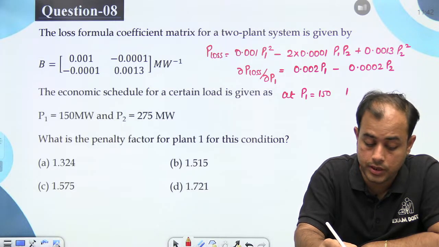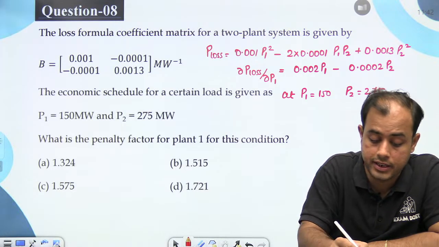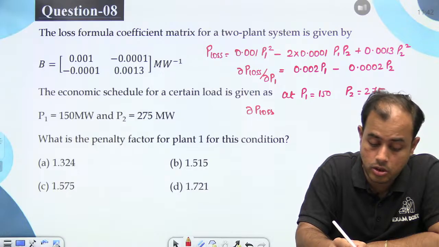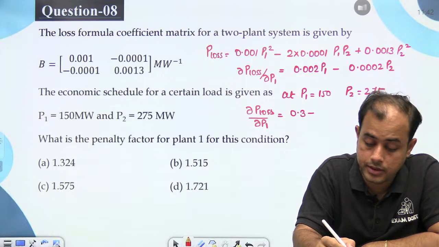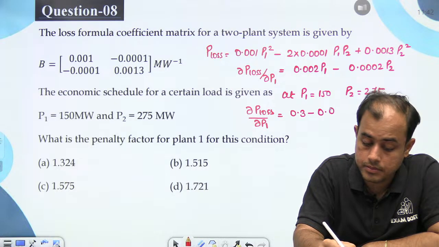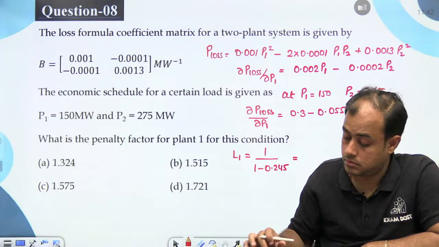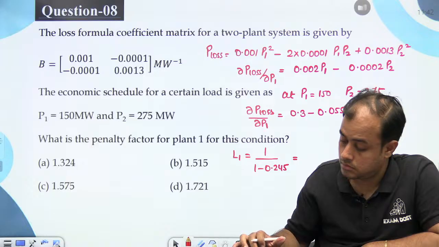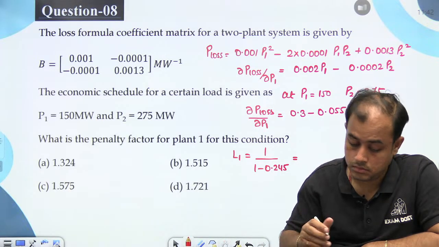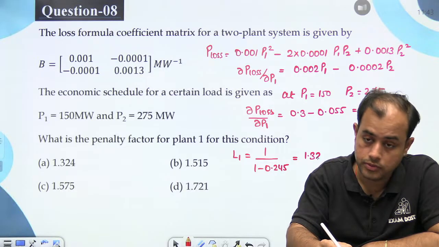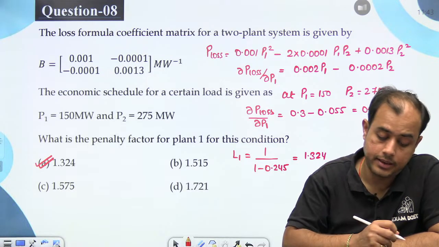At P1 equal to 150, P2 equal to 275, del P loss by del P1, 0.3, 550. 1.324. So answer will be A.